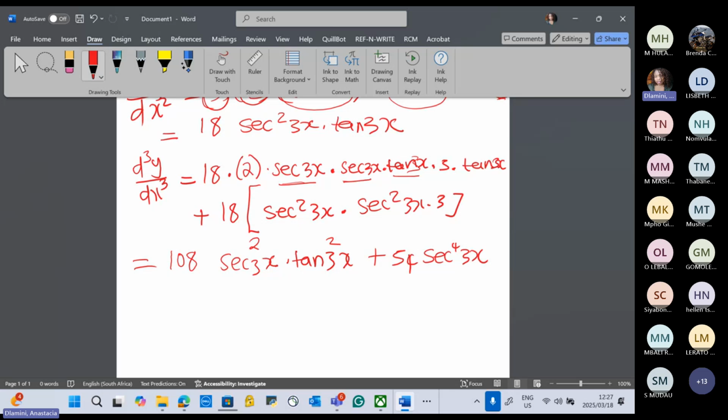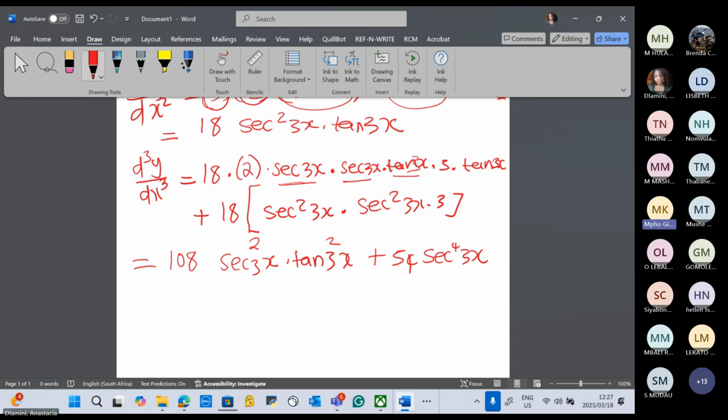You can simplify it further. And how do you simplify it further? By taking out 54. Okay, let's not take out 54 for now.